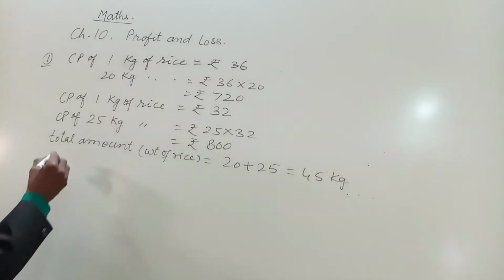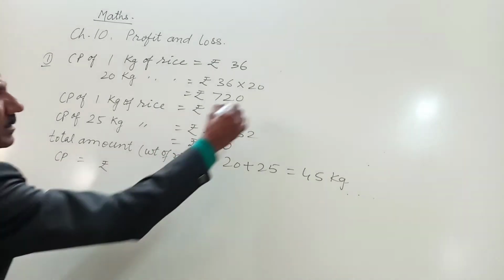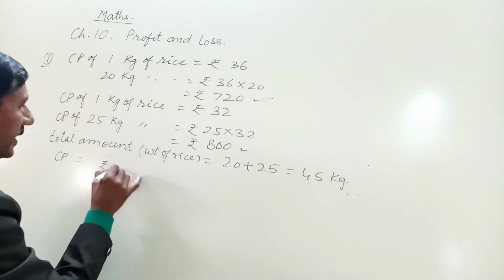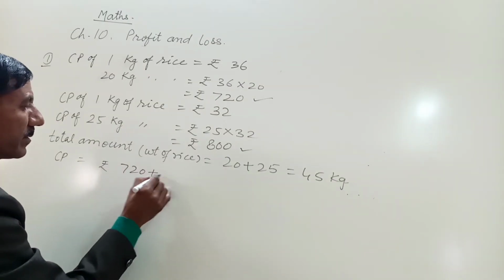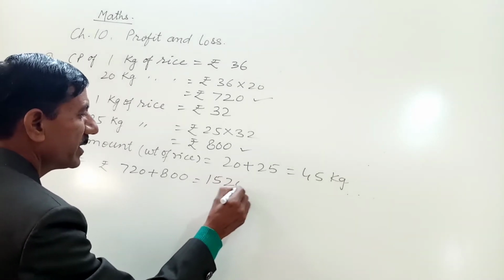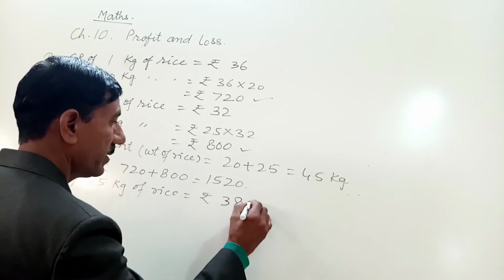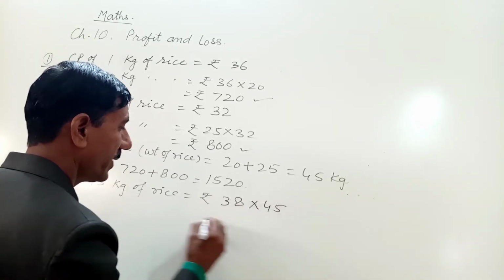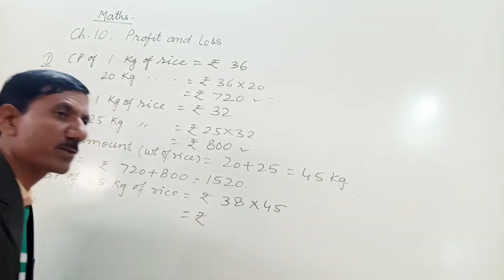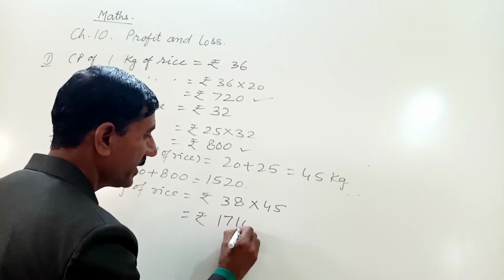The total money, total CP, is equal to rupees 720 and 800, which is 1520 rupees. The SP is 38 into 45. It will be equal to rupees 1710.